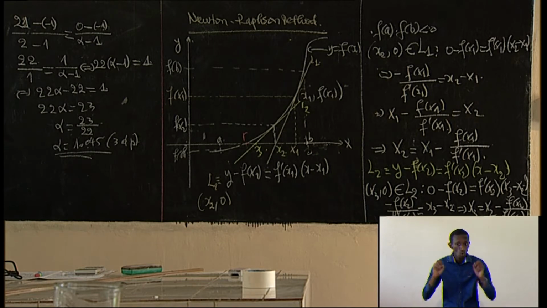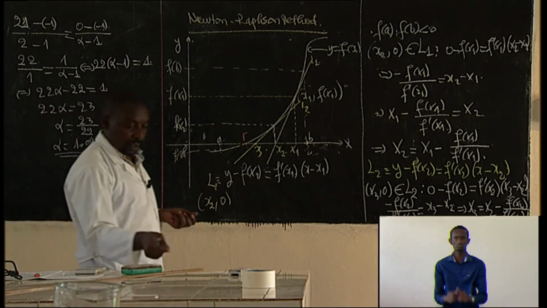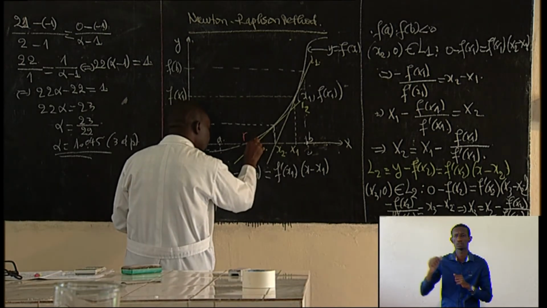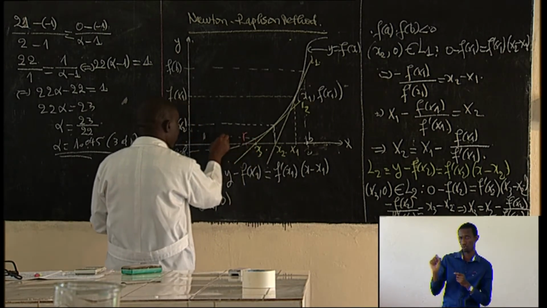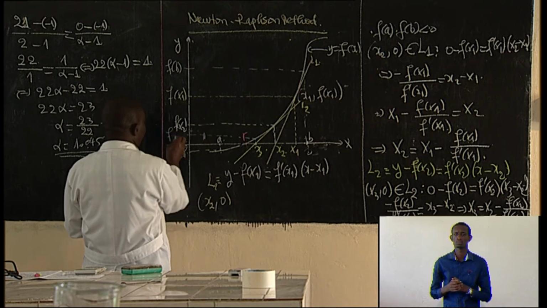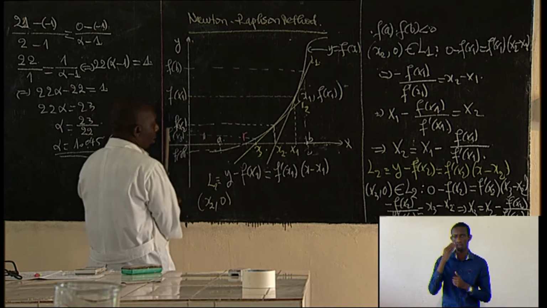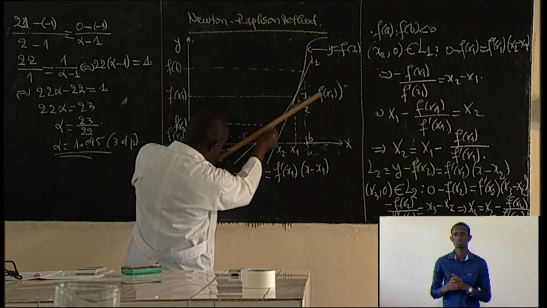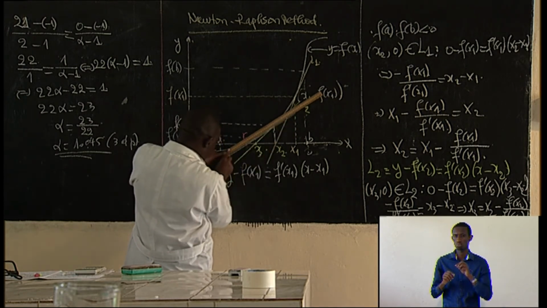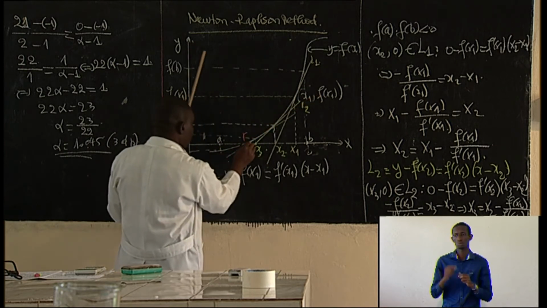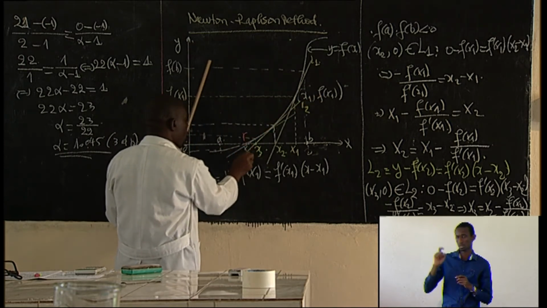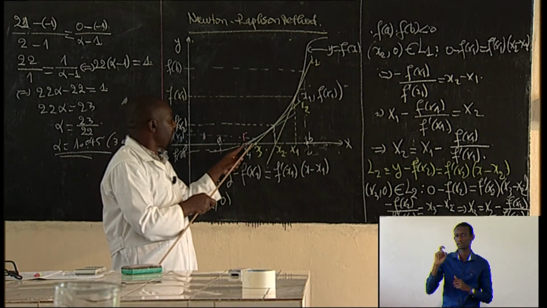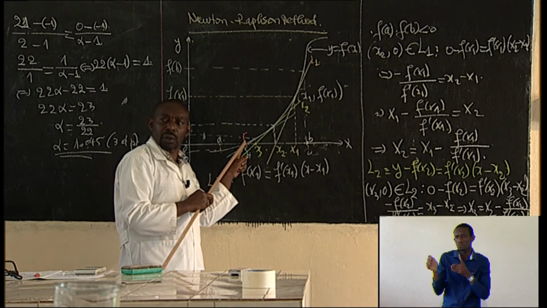Okay, we are back. If we try another tangent, probably at this point, this is f of x3. The tangent looks like this one, right? And this is x4. You realize that x4 is very, very close to this root.